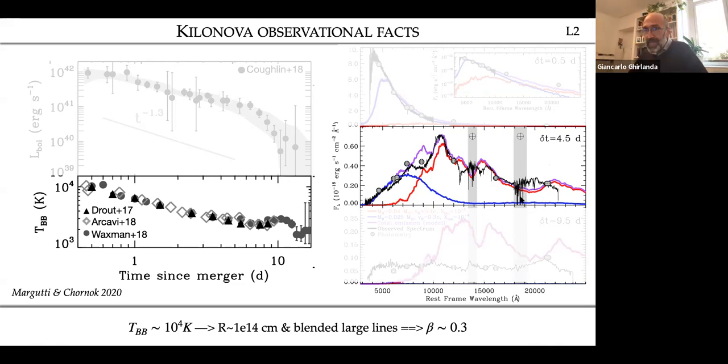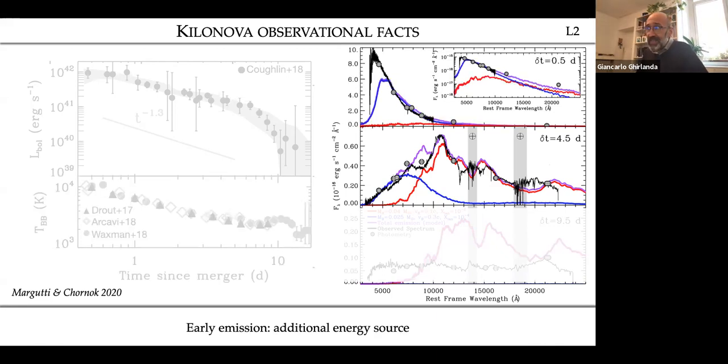Another piece of information that we can understand from the spectrum is related to the very early phases, because while the volumetric luminosity is matched more or less with models for the kilonova, if you look to the spectrum, you see that at least the models that match the spectral energy distribution at the very early phases are dominated by the blue emission, so at 0.5 days.